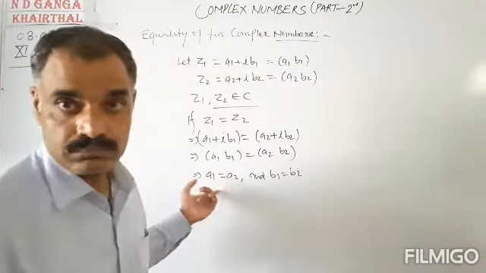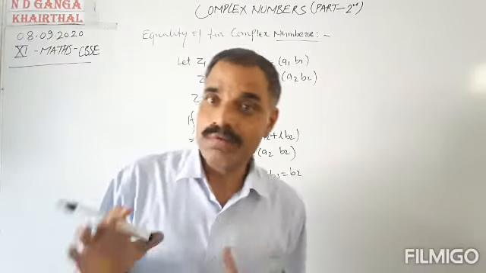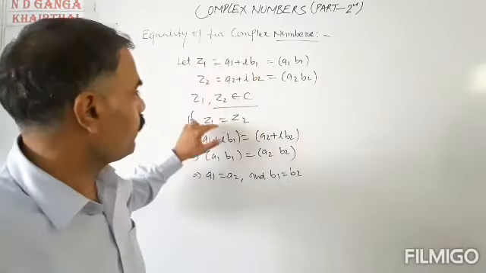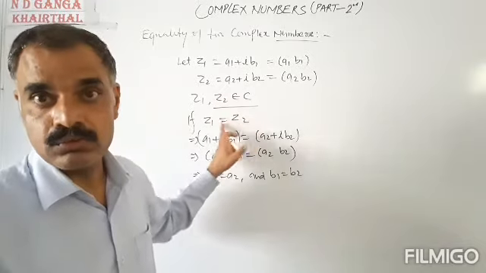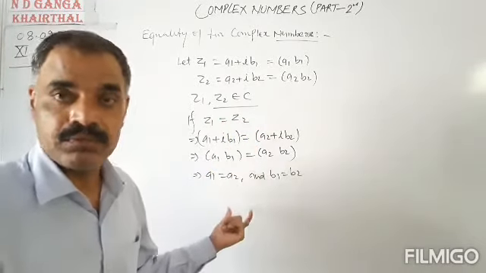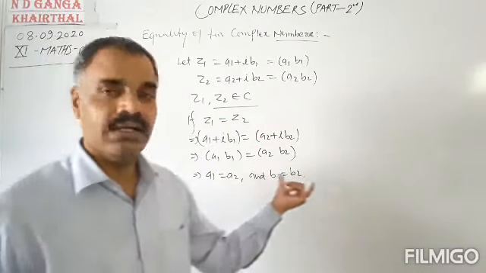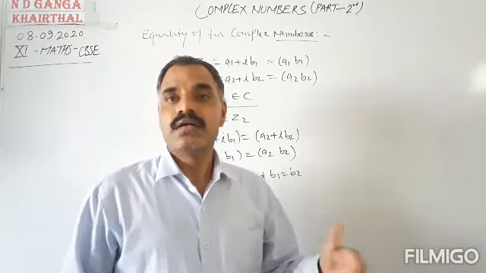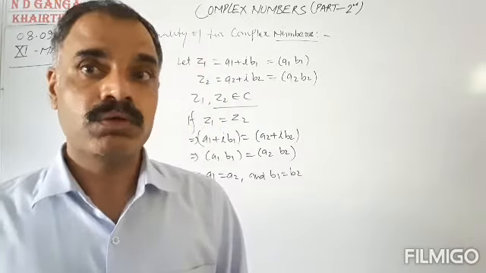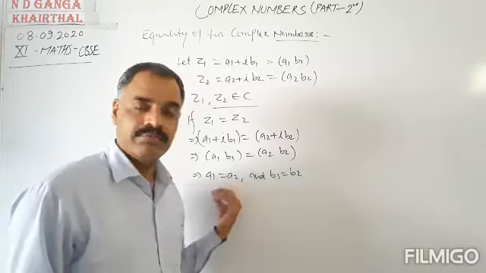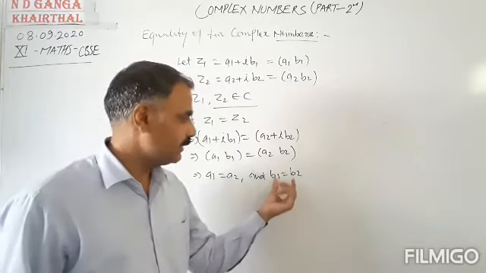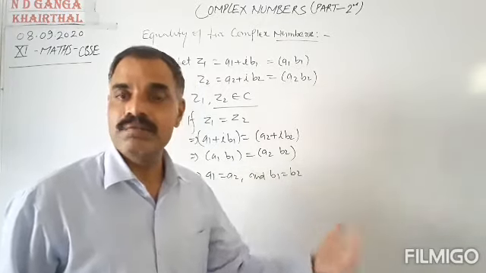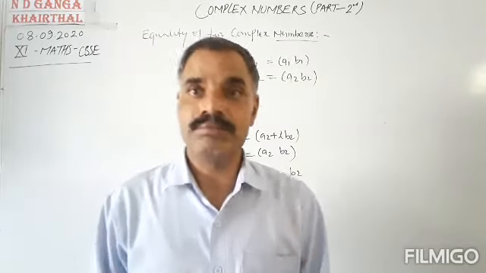So what are we observing? We are observing that two complex numbers are equal if their real part and their imaginary part are equal separately. Their real parts a1 and a2 are equal, and their imaginary parts, that is b1 and b2, are equal separately.